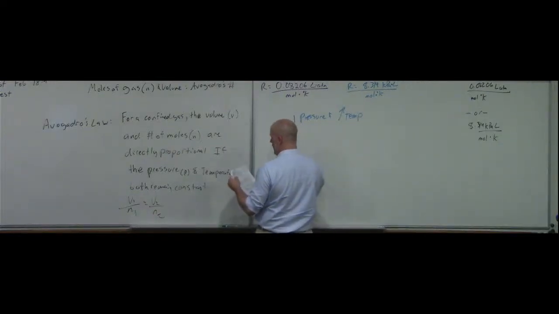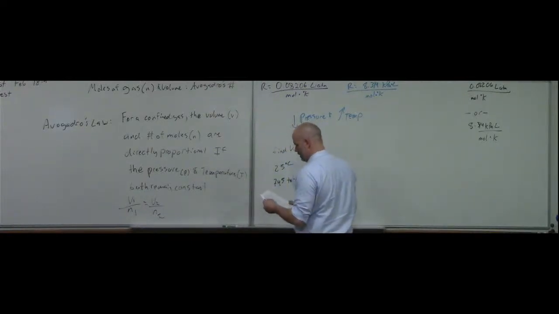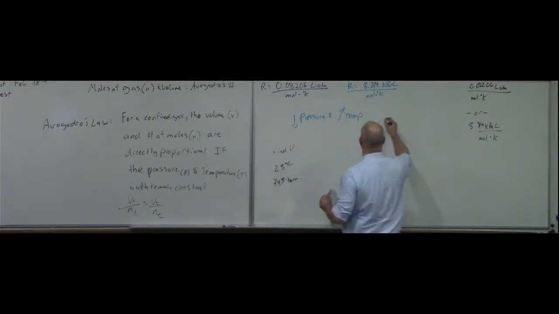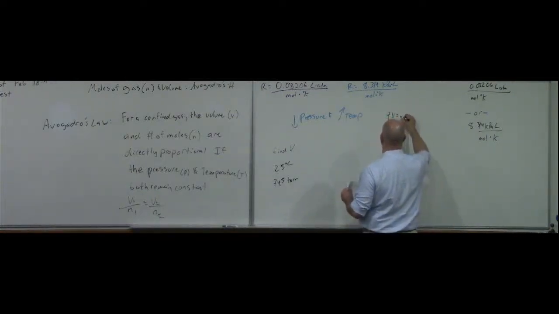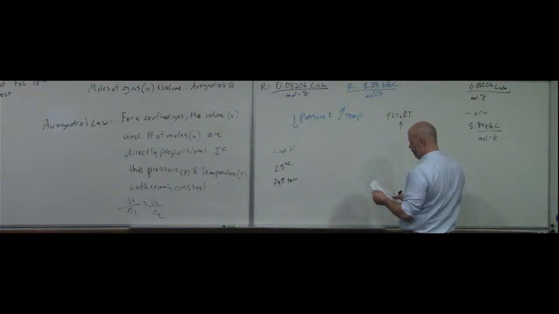So what we're trying to find is V, given 25 degrees C, 745 torr. We're looking at PV equals nRT. We've got pressure, we've got temperature, we're trying to find volume. R, we know. What we're missing is our number of moles, right?